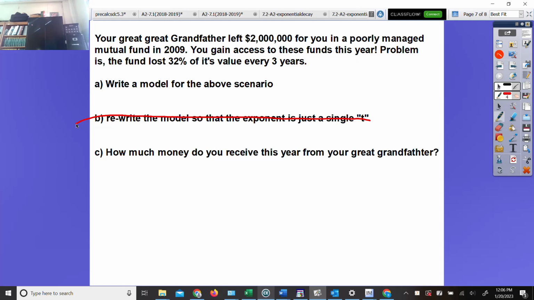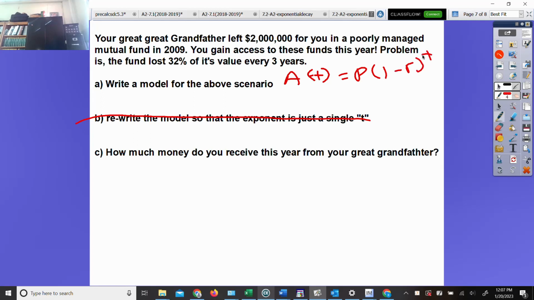All right, are we growing or decaying? That's decaying. We are losing. Now, I know it talks about money, and there's a lot of kids who every time they see money think compound interest formula. Does it mention compounding? So it's not compound interest. It's just straight up decay. Principal times 1 minus r to the t. That's your default.